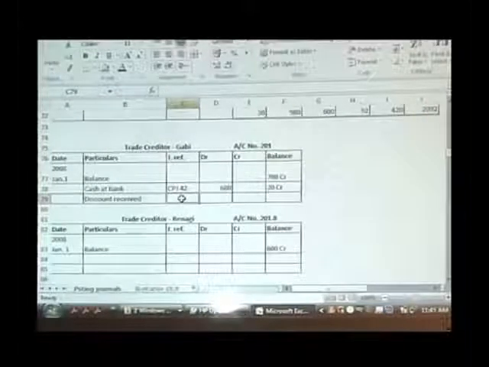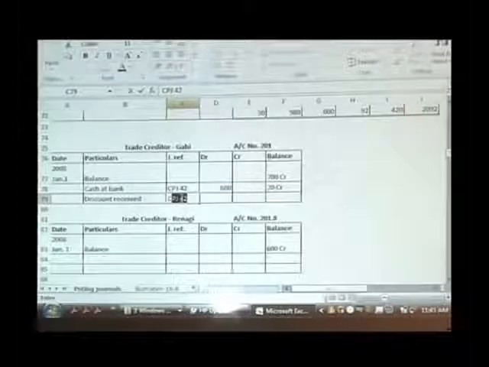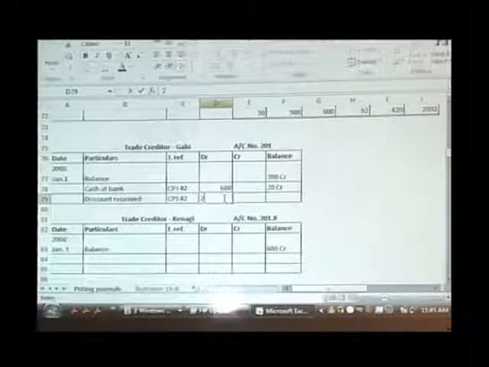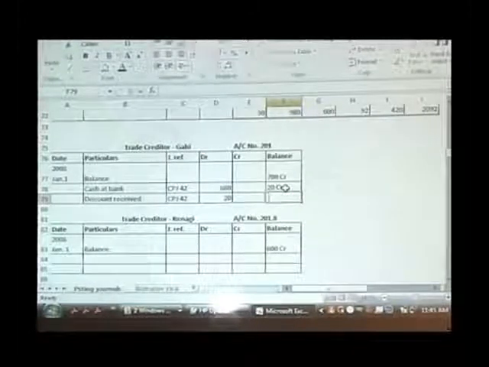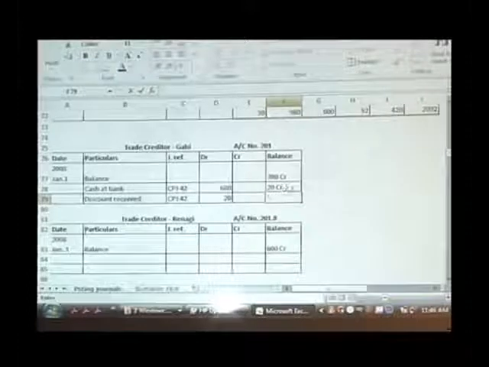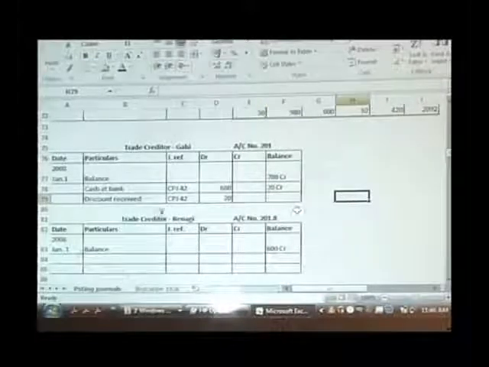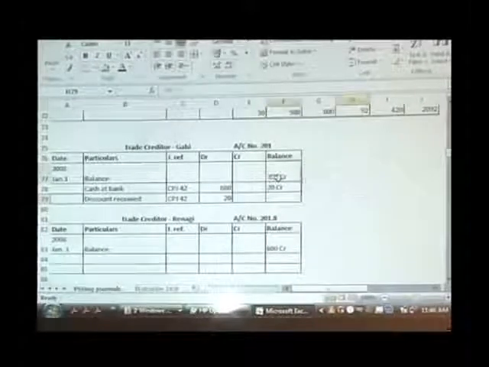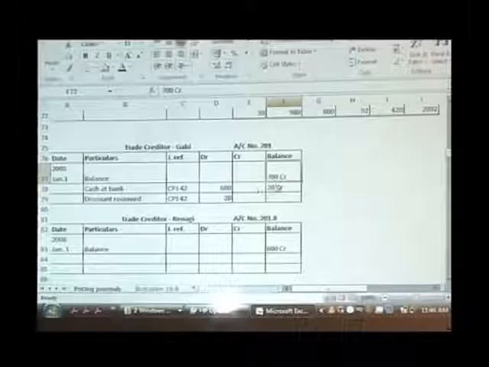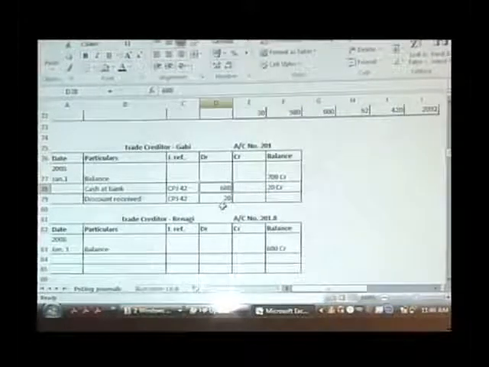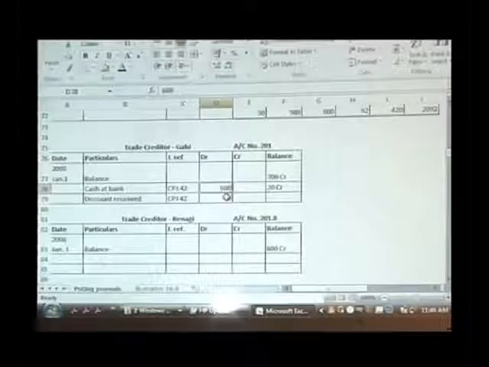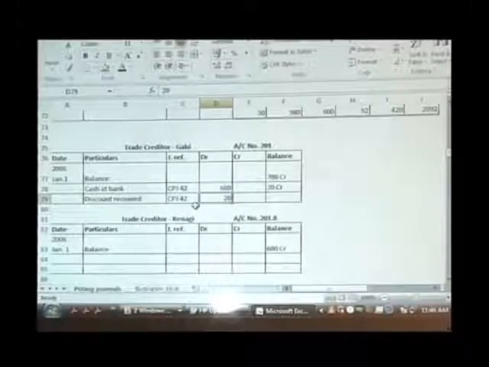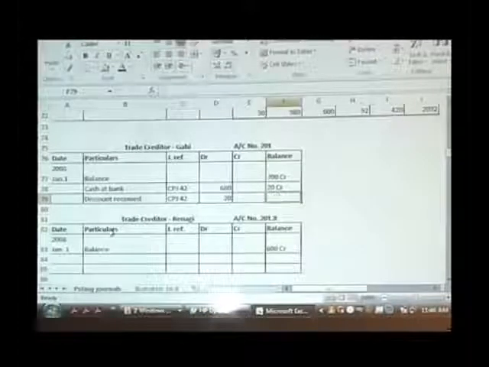Again, the reference is CPJ 42 and 20 here. And now there is no balance, because 700 was payable and we paid 680, subject to a 20 kina discount, therefore no balance.